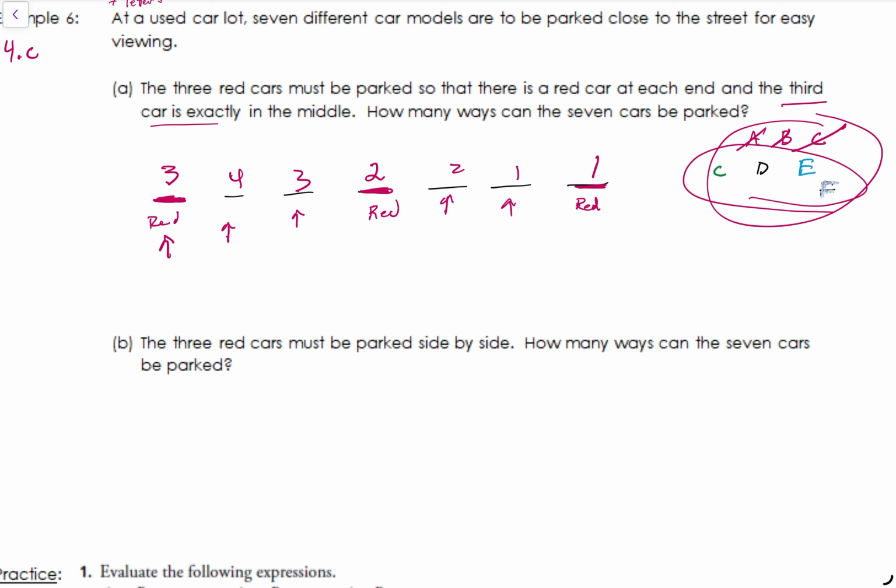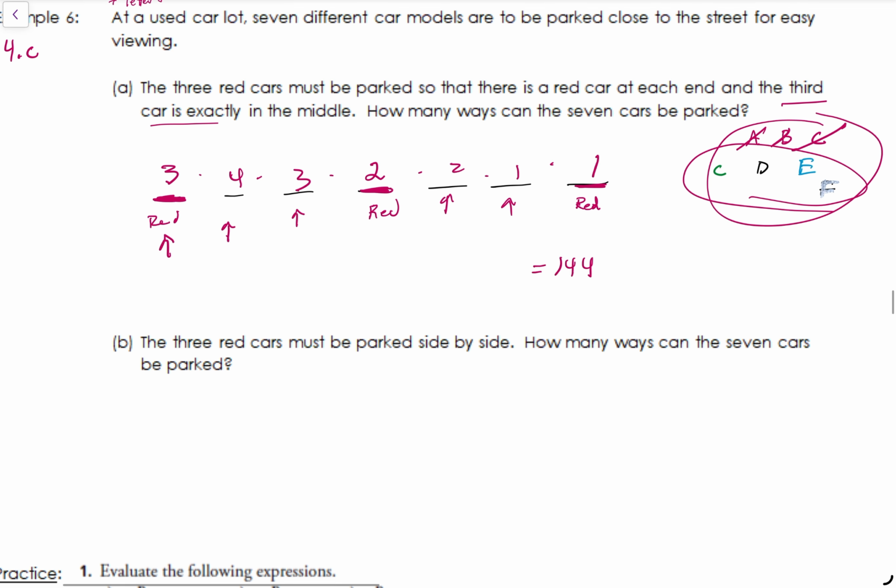So I'm just going to take out my calculator. So here, I would actually use the fundamental counting principle because that's what makes sense in my head. And what I get is that there are 144 ways.